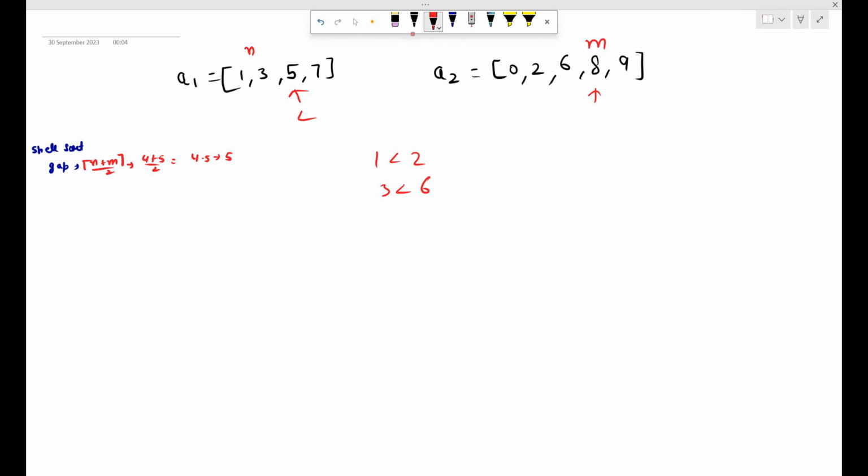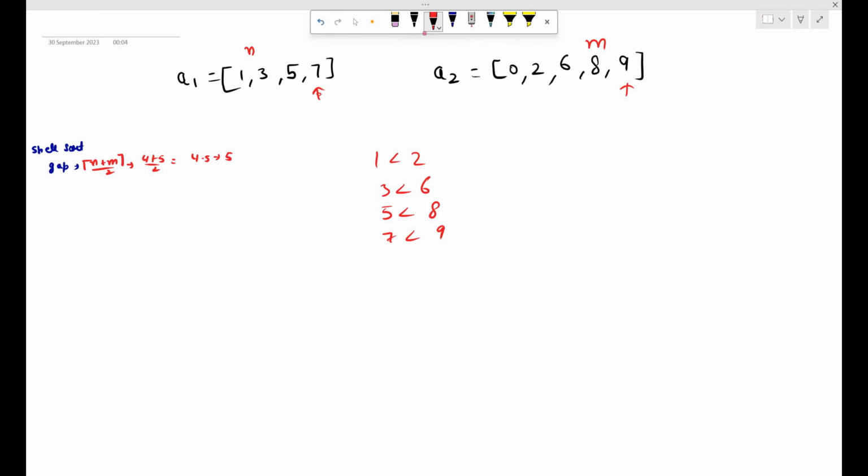So it will be here and it will be here. Okay. This is my L. This is my R. Now 5 is less than 8. Seems fine. No issues. They are in the correct place, right? Because if the left hand side is less than the right hand side, that means we are correct. It is already in the correct order. Now going to the next one. 7 and 9 seems fine, correct.